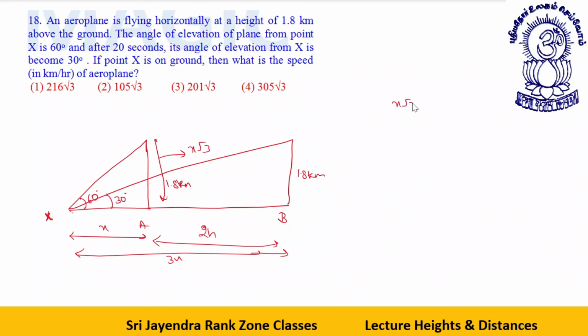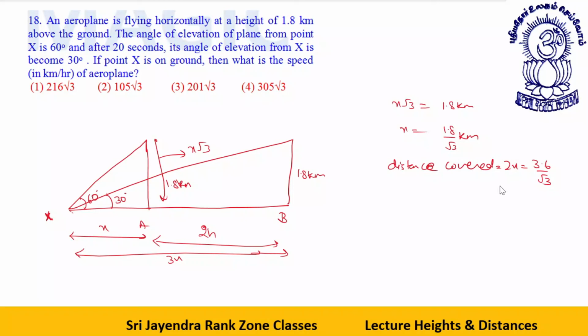You have x root 3 is equal to 1.8 kilometer. So x is 1.8 by root 3 kilometer. Distance covered is 2x, that is 3.6 by root 3.